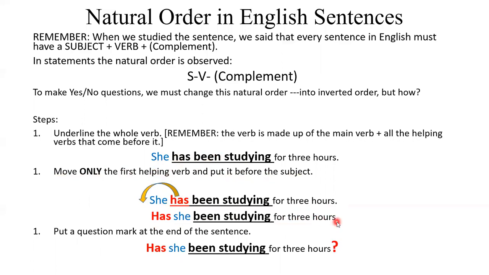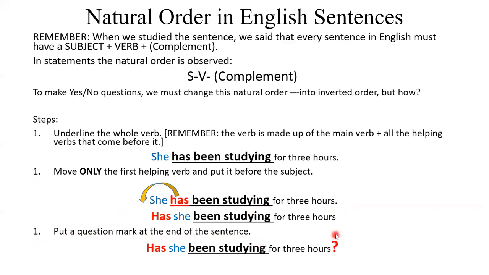Is this correct? No, there's something missing here. This is the third step. I just noticed that my steps all have number 1 because they're all important. Okay, let's say I didn't forget to change the numbers. Okay. So what do we do next? The final step is put a question mark at the end of the sentence.